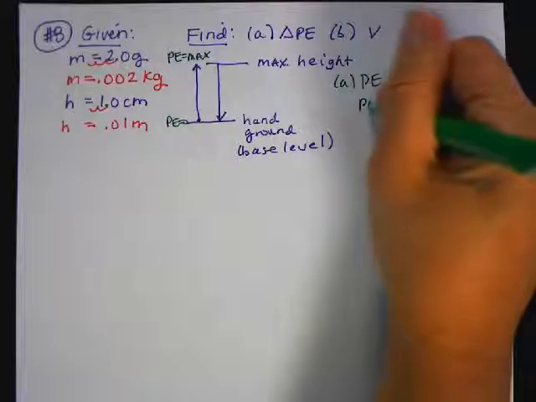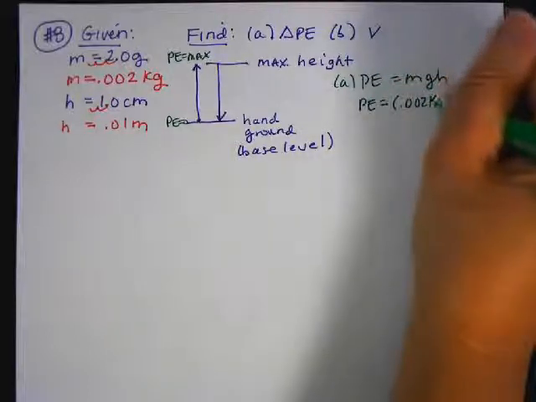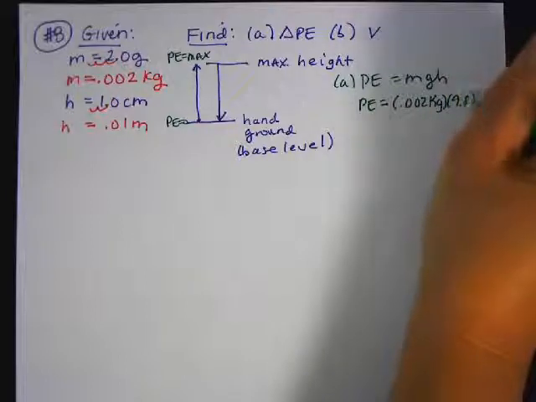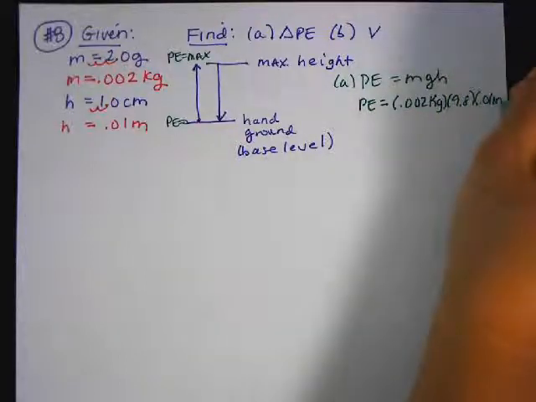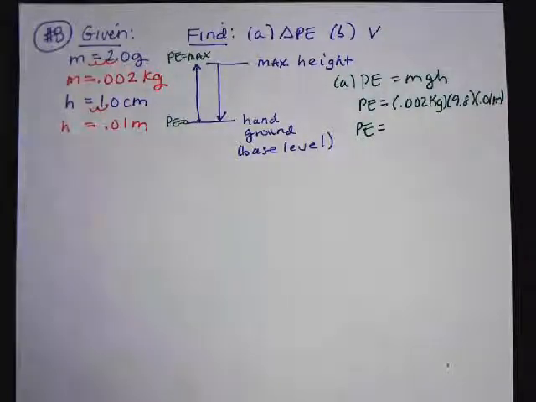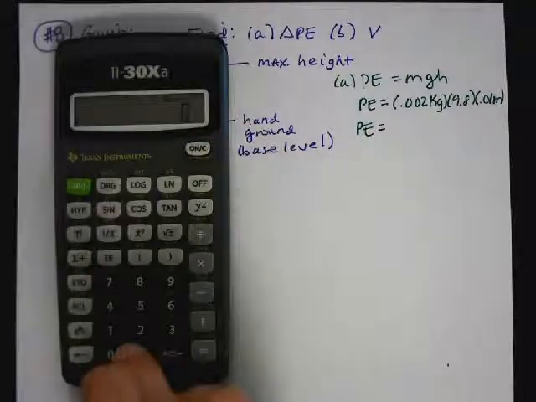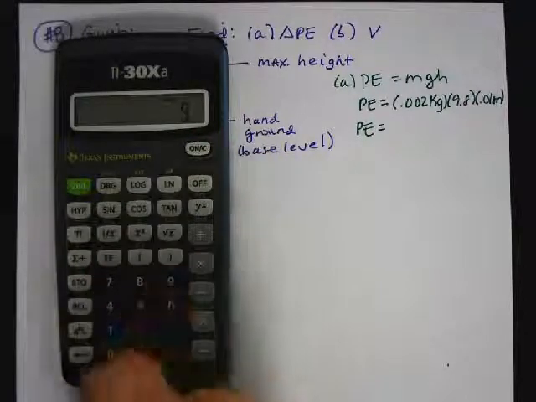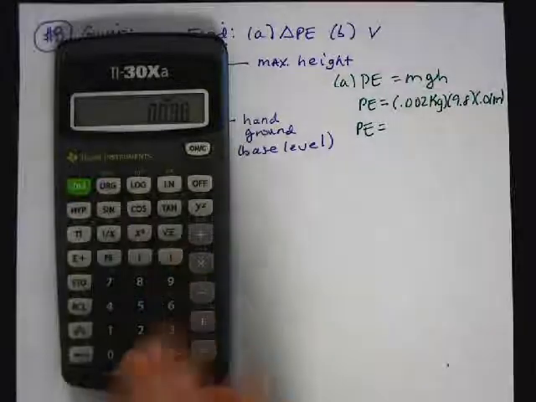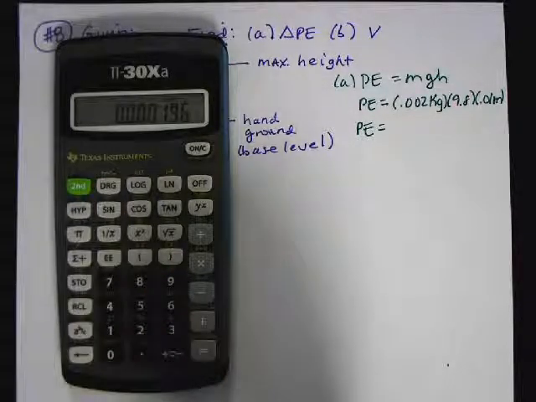So it's going to be the mass, which is 0.002 kilograms, times gravity, 9.8, times the height, which is 0.01 meters. So 0.01 times 9.8 times 0.002 equals, and it's a really, really tiny number.